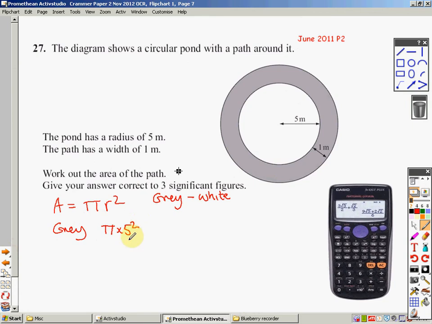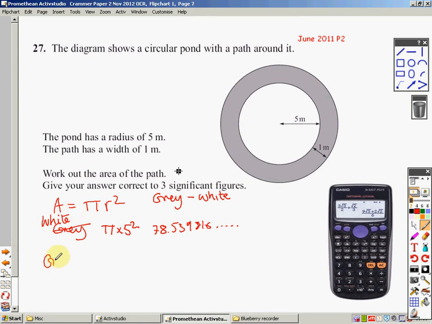You can type on the calculator shift pi times 5 x squared, and you'll get 25 pi. And 25 pi, if you press SD, equals 78.539816... So that's the grey one. That's not the grey one, is it? I've got that incorrect because I used 5. Sorry, that was the white one.